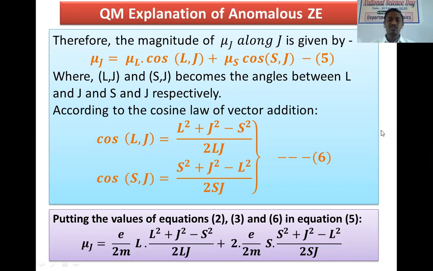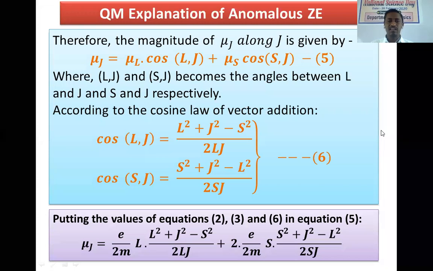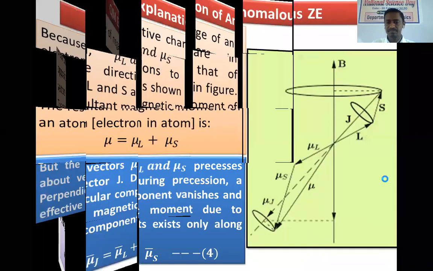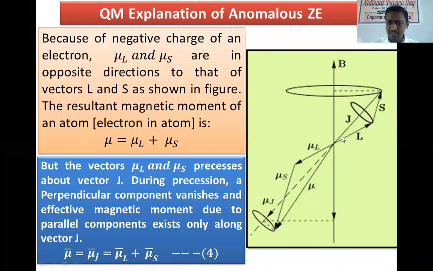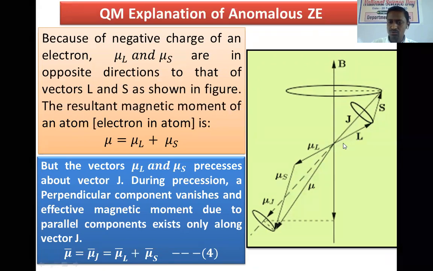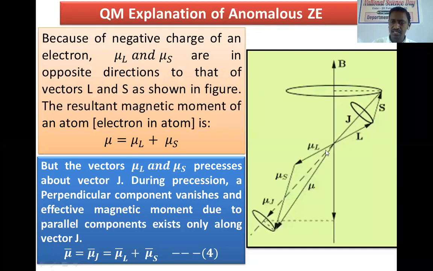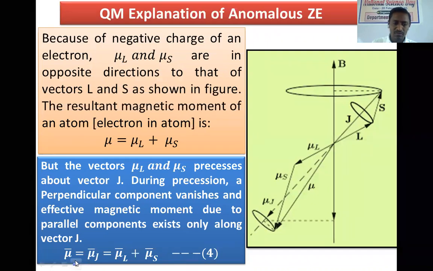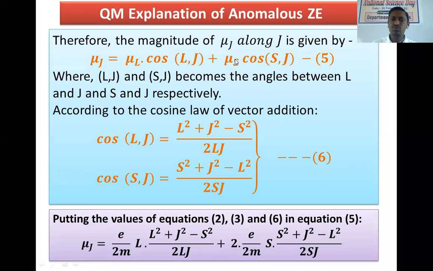Therefore we need to calculate the value of mu J separately. See in the figure, the vector J is inclined to the direction of magnetic field. In the opposite direction of J, mu J is there. That means the directions of mu J and J are opposite to each other. Therefore I have mentioned the magnitude of mu J along J.